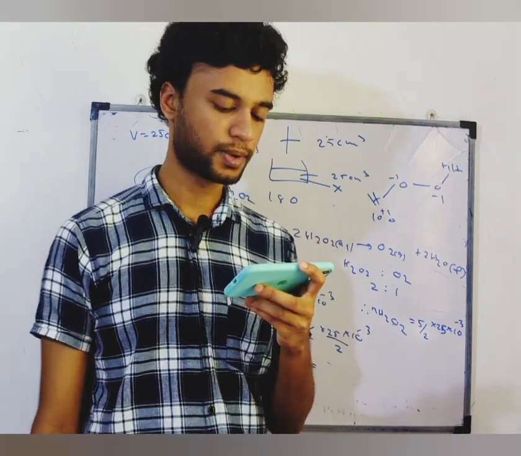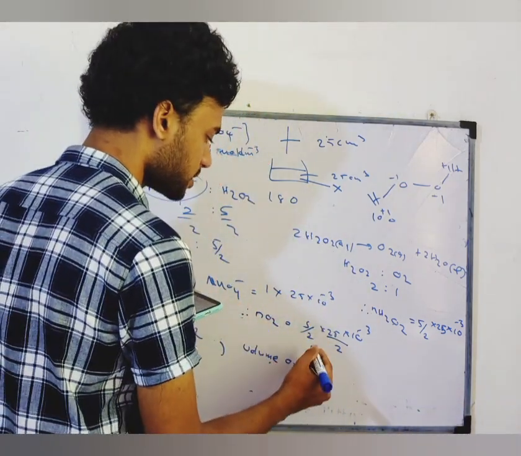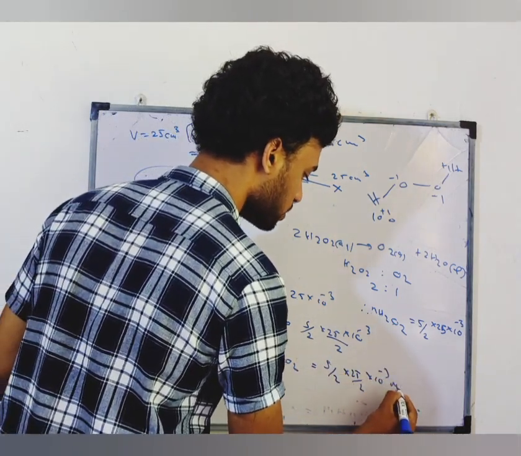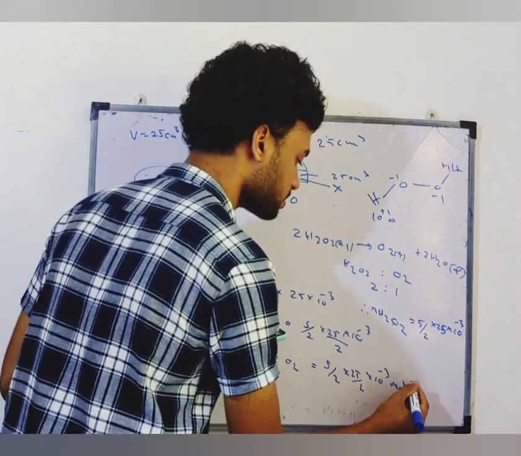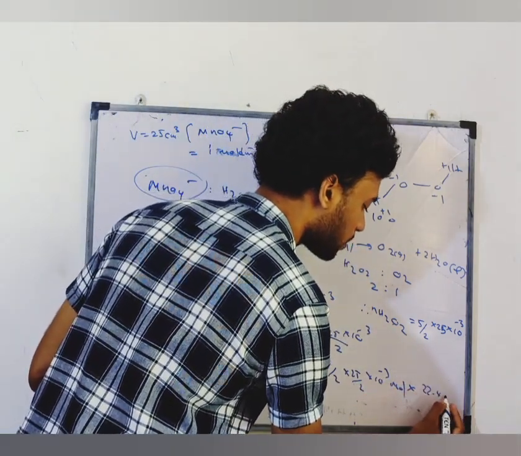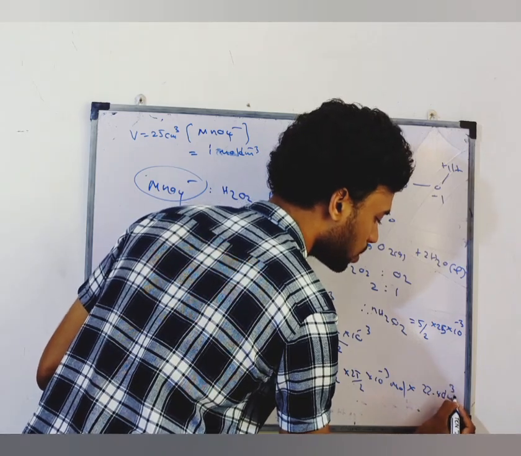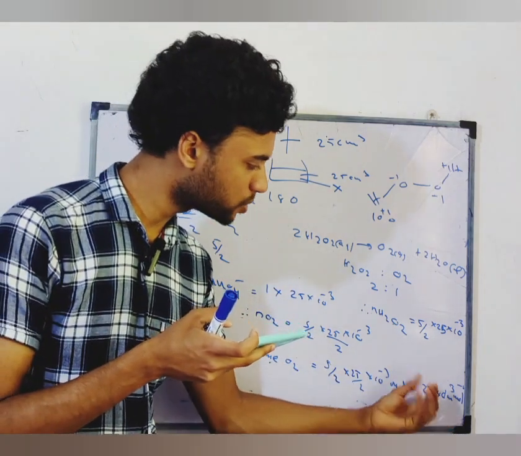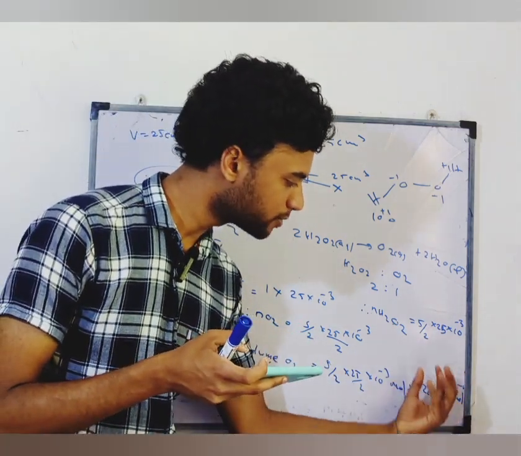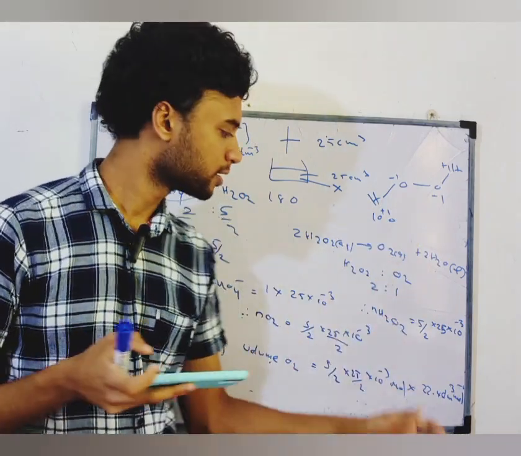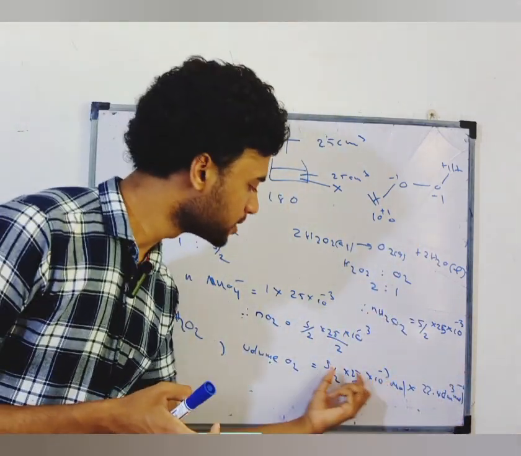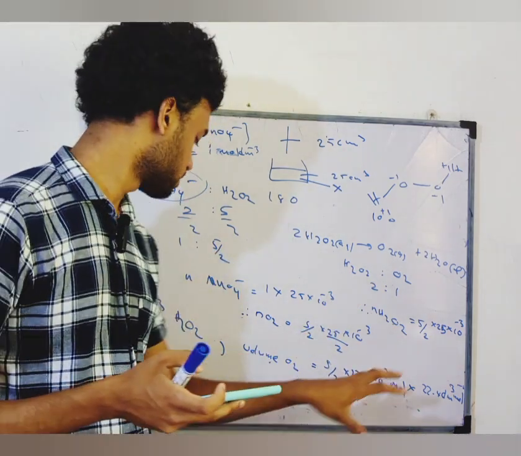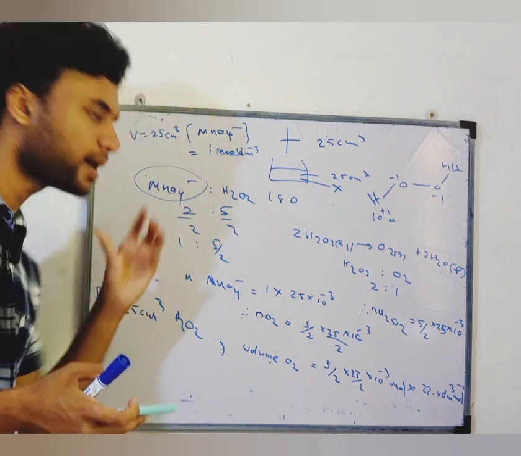So the number of moles is 5/2 times 25/2 times 10⁻³ moles of oxygen. If I multiply the moles by 22.4 dm³ per mole, clear? Because 1 mole of gas occupies 22.4 dm³. If I multiply that by this number of moles, 5/2 times 25/2 times 10⁻³, I get the volume of oxygen for 25 cm³ of H2O2.